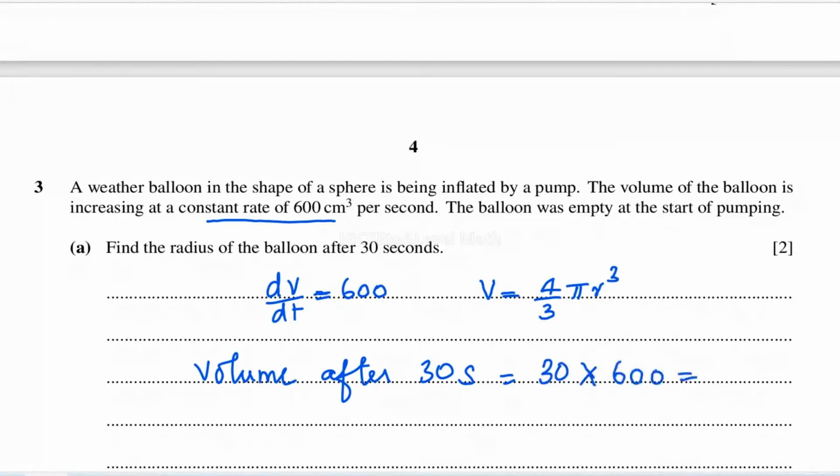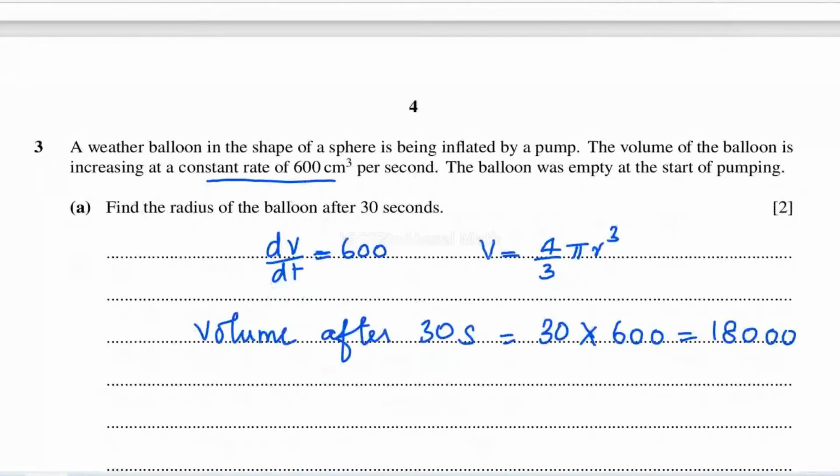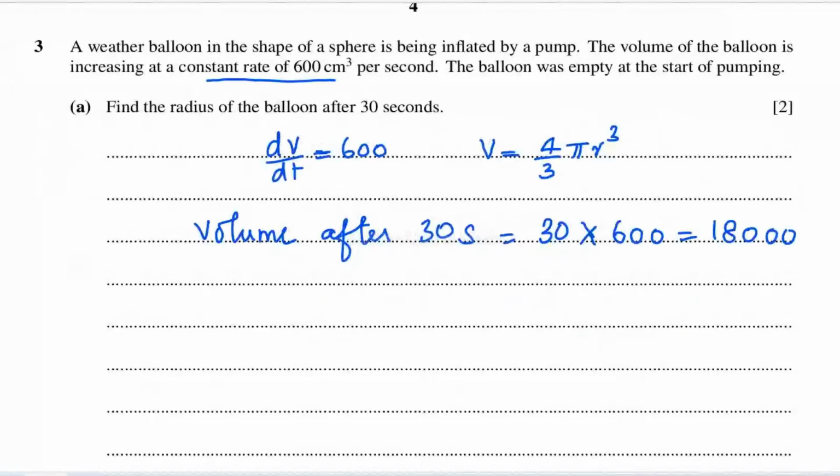So 18,000 is the volume after 30 seconds, and we know the volume formula. So we'll equate 18,000 to the volume of the sphere formula to calculate the radius.